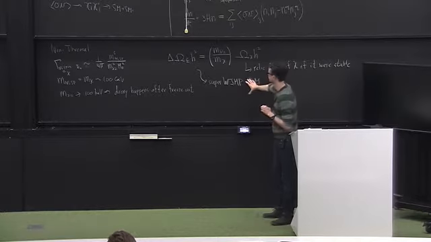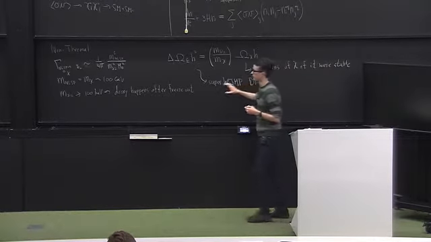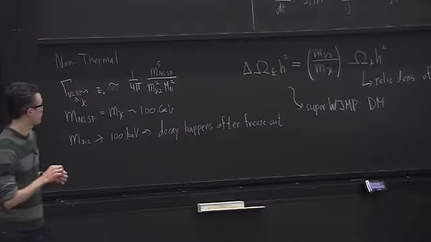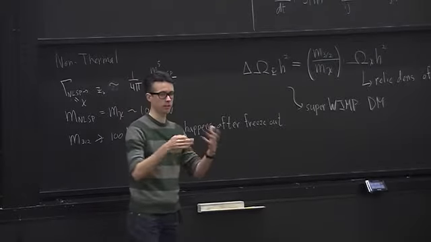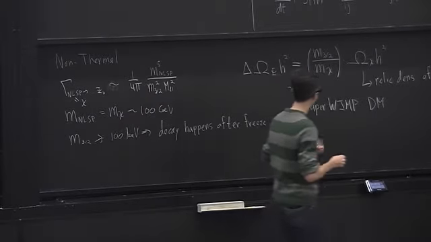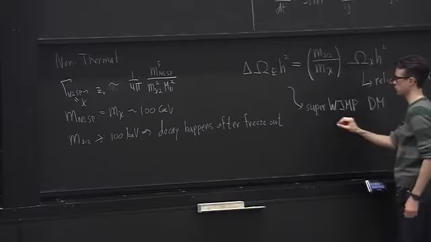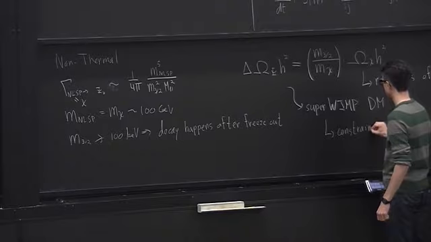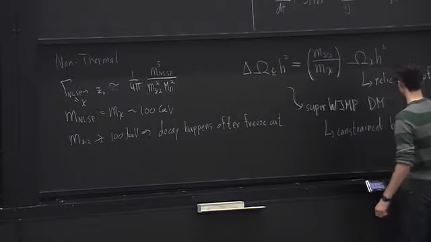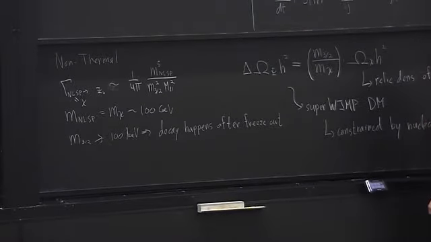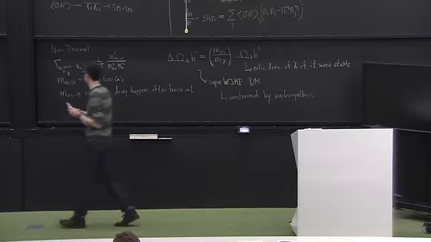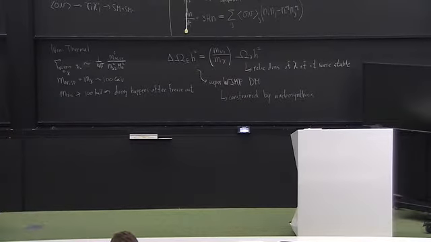So it turns out that the super WIMP scenario is actually in trouble because these NLSP decays also produce energetic standard model particles. And the energetic standard model particles could destroy some of the light elements created in nucleosynthesis. So this scenario is not necessarily ruled out, but it is constrained by nucleosynthesis. OK, so this is one possible contribution to the gravitino mass in this situation.